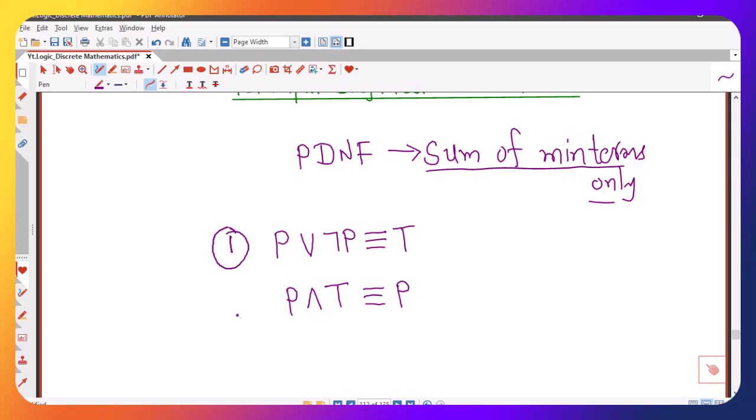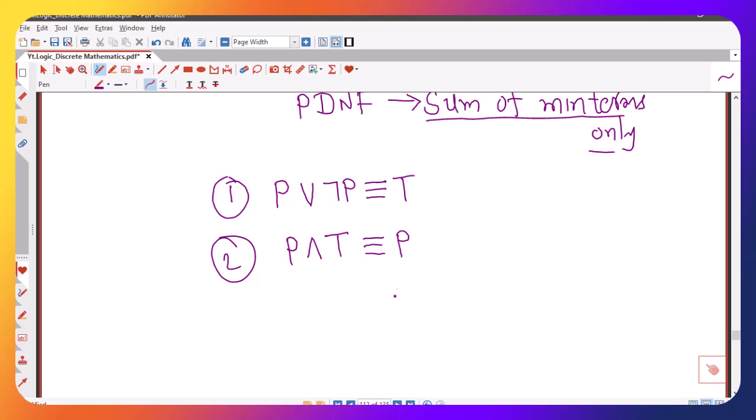So mainly we are going to use these two logical equivalencies, and we are going to use distributive laws also, and commutative laws also, and this also we know that if we have p or p, then this is equivalent to p.